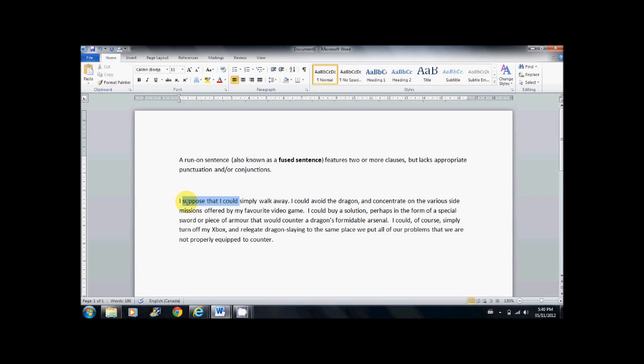Be careful here, because simply because you have a subject and a verb twice in one sentence, or what appears to be twice, it doesn't necessarily mean that it's a fused sentence. Remember too that to meet our requirements for a fused sentence, we need to see two clauses that could stand on their own, but that lack the appropriate punctuation or conjunction to join these ideas. So hopefully this has helped you understand what a fused sentence is and how you can avoid it in your own writing.